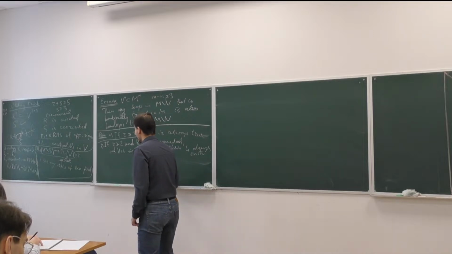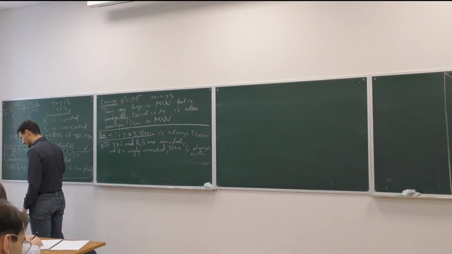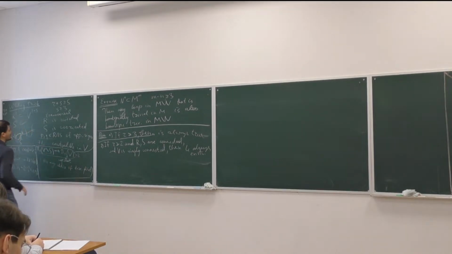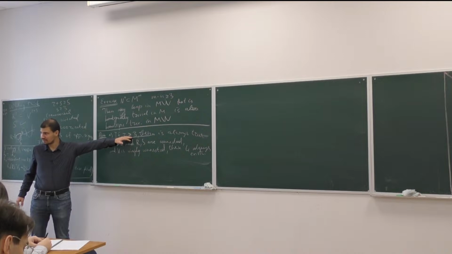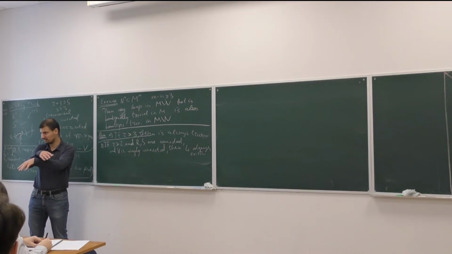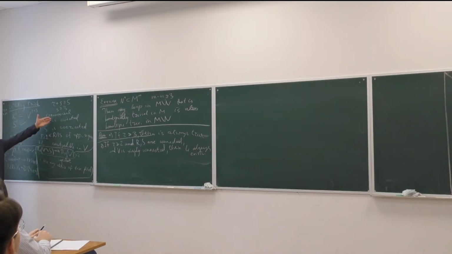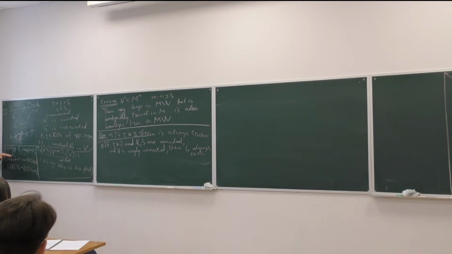Generally, we could look at this theorem in the following way: if we have two submanifolds and both dimensions are at least 3, and our submanifolds are connected, then if we have any pair of points of opposite sides, we can cancel them. But if the conditions that both dimensions are at least 3 are not fulfilled, then we need some technical conditions.